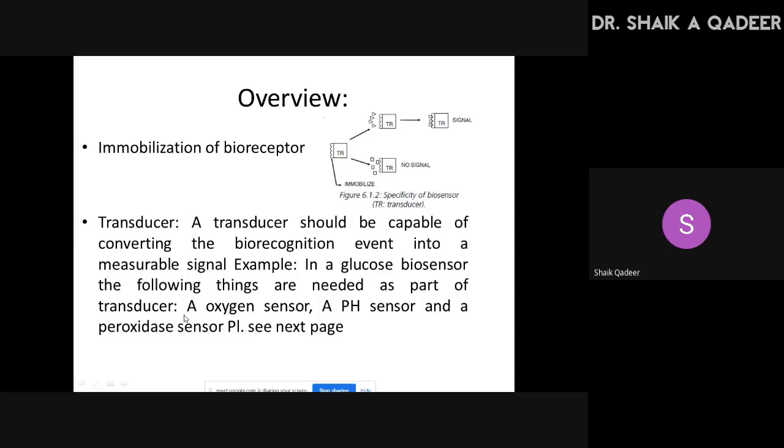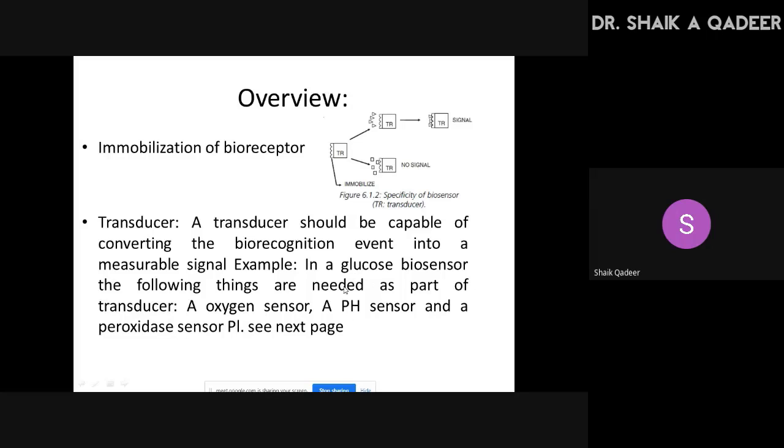It is also used to measure the pH value of the sample, that is to calculate the chemical acidity of the sample. And the transducer's job is also to measure the peroxidase sensor. So these are the three important tasks of a transducer in case of a glucose biosensor.